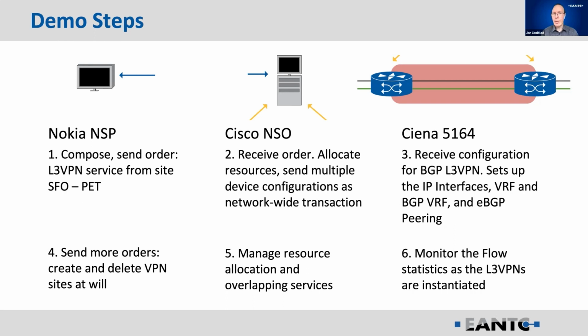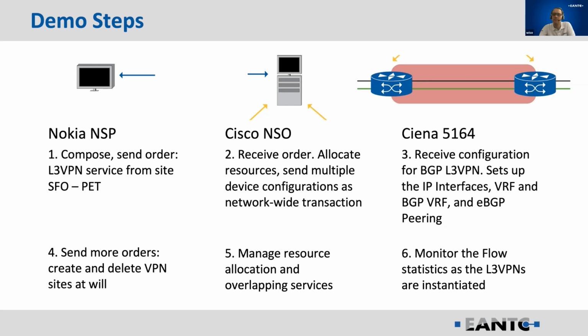And then we'll show in NSP that we are sending down a service order, a high-level service model service order, to NSO. NSO will then receive that order, allocate the resources necessary for provisioning this network, and then send out multiple device configurations as a network-wide transaction using NetConf.